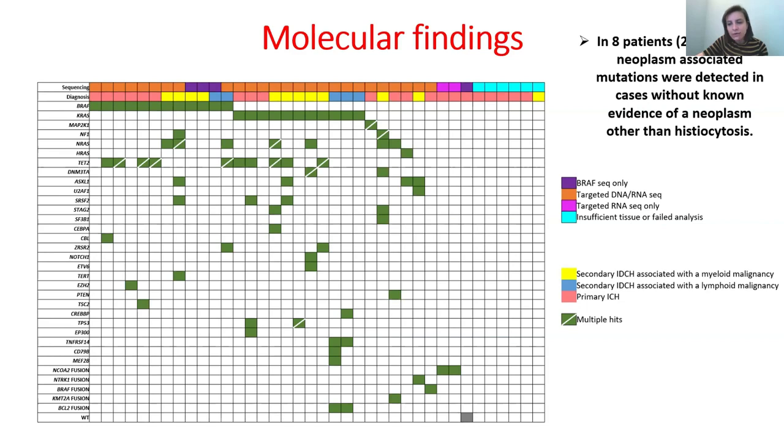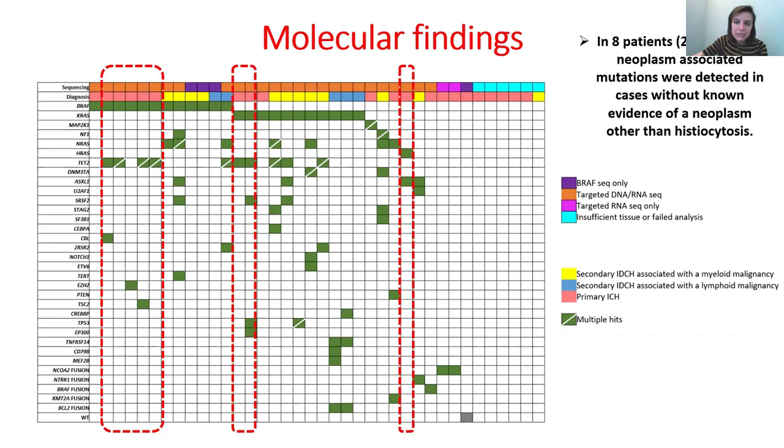And another important finding is that in addition to harboring well-characterized histiocytosis-driving alterations, patients also carried concurrent mutations in genes which are commonly mutated in myeloid neoplasms, such as mutations in TET2, DNMT3A, ASXL1, etc. And the presence of myeloid neoplasm-associated mutations was independent from the presence of an overt myeloid malignancy, suggesting the presence of underlying clonal hematopoiesis.